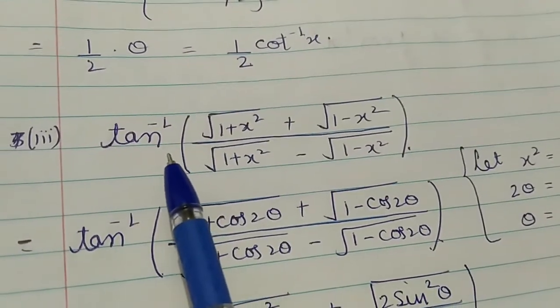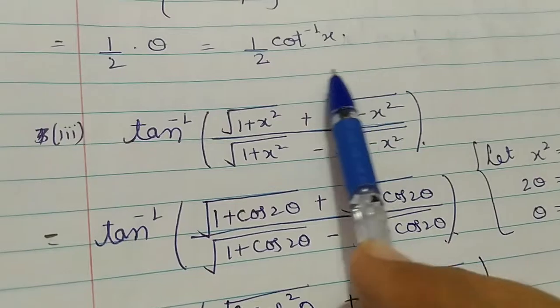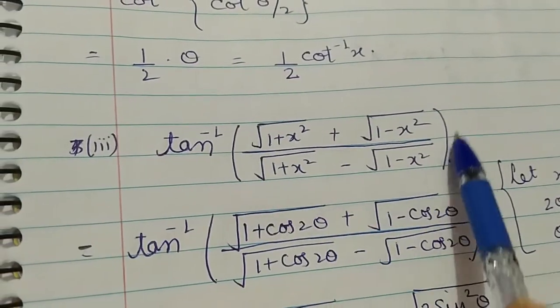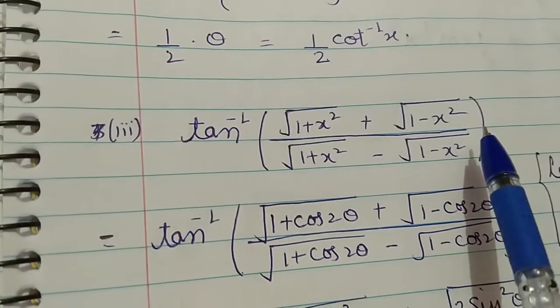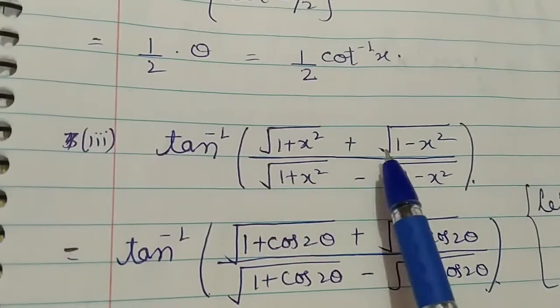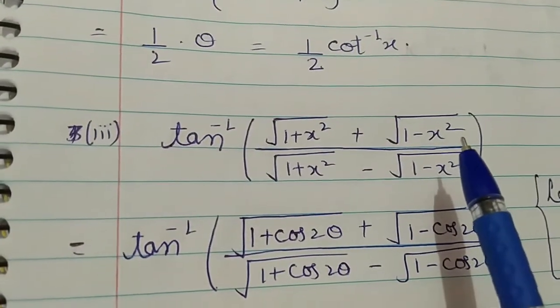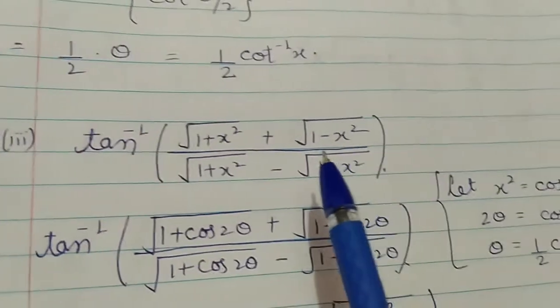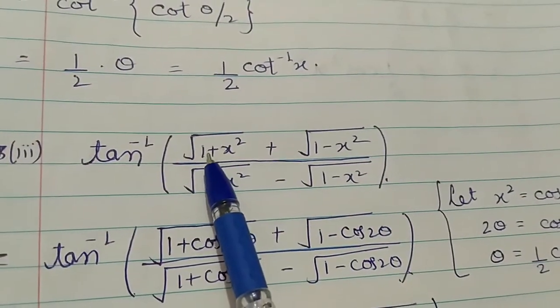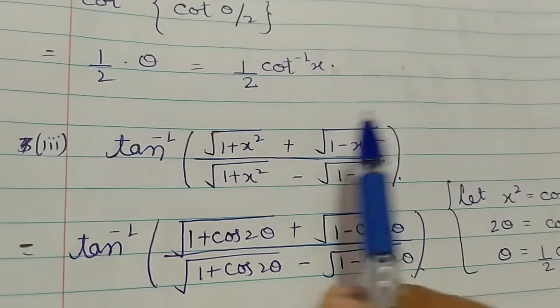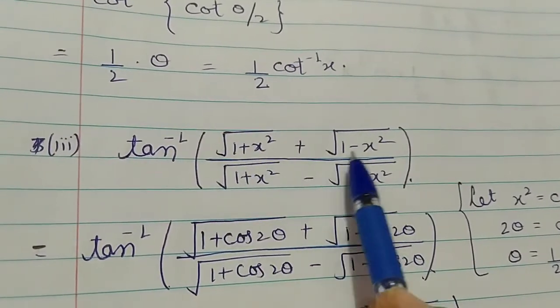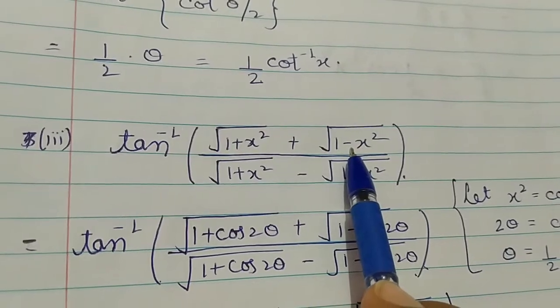In this question, again we have terms involving the sign of square root. Again, in case of square root, we apply some particular substitution. Here the term of square root involves 1 plus and 1 minus.